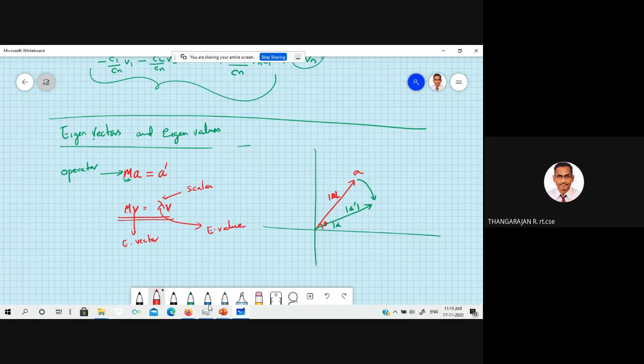So eigenvector and eigenvalue go in pair. For each lambda there is a unique eigenvector. If I take another eigenvalue, lambda 2, I will have another vector V2, like that. Now I think you understood that. Let me explain here.